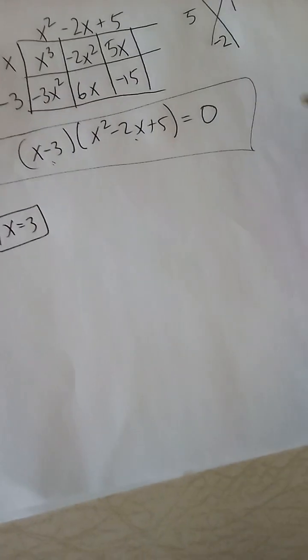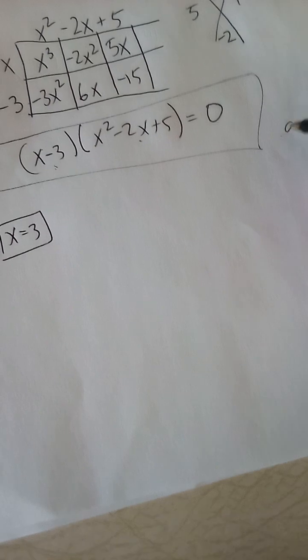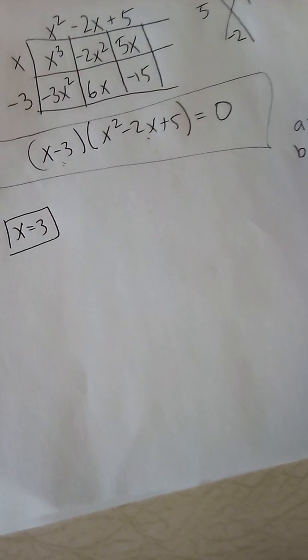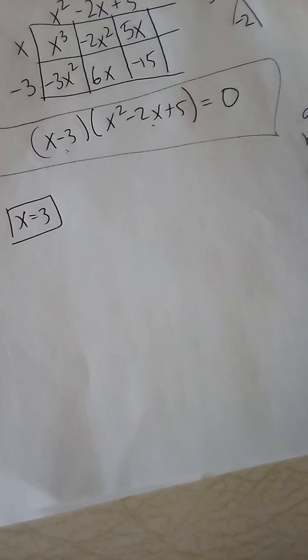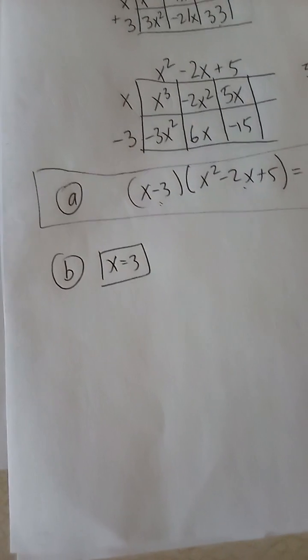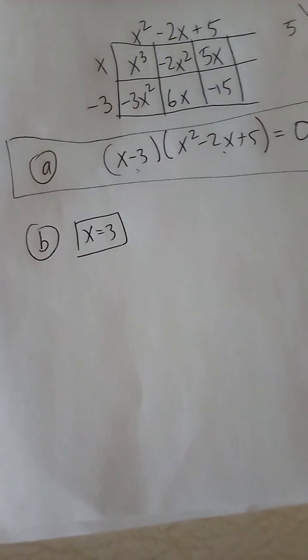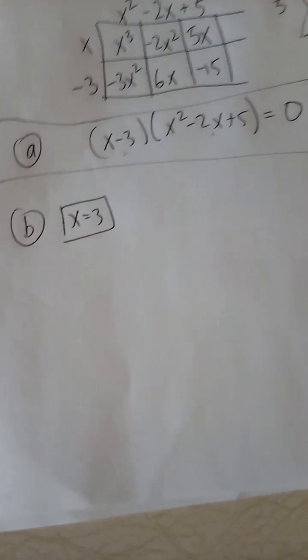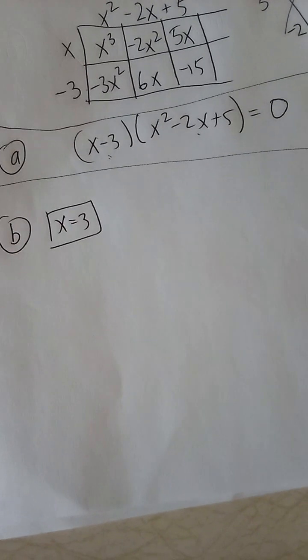So we've got A equals 1, B equals negative 2, C equals 5. So we've got negative B, which will be 2, plus or minus the square root of B squared, which is 4, minus 4 times A times 5, all over 2.